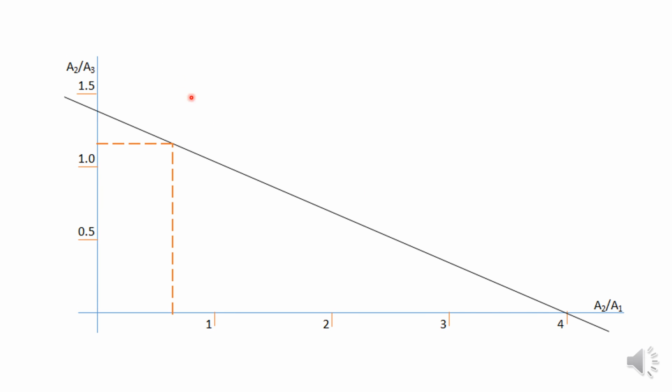Here we are plotting A2 over A3 against A2 over A1. So these values that satisfy the equation will lie on this straight line. This line goes through 4 on one axis and square root of 2 on the other axis as before.